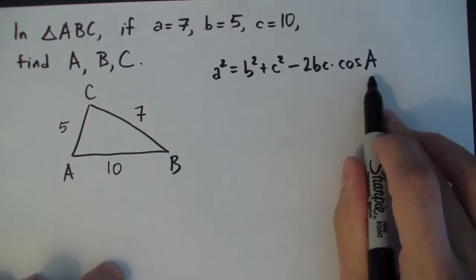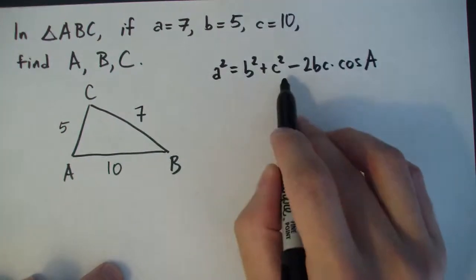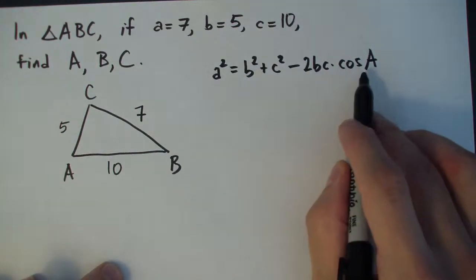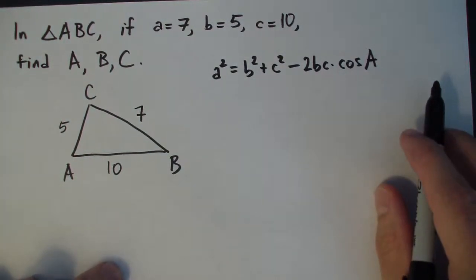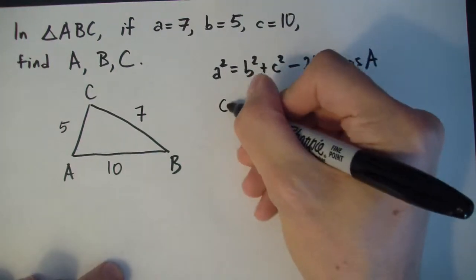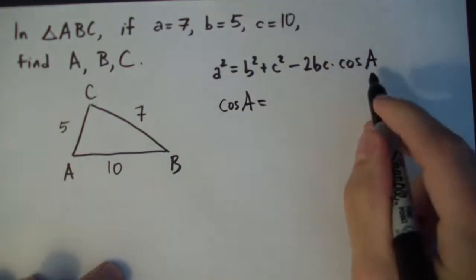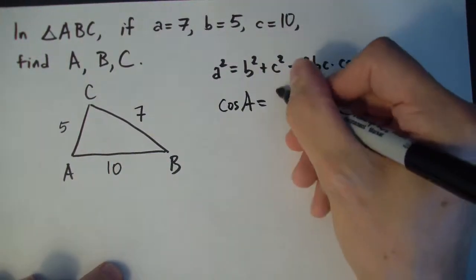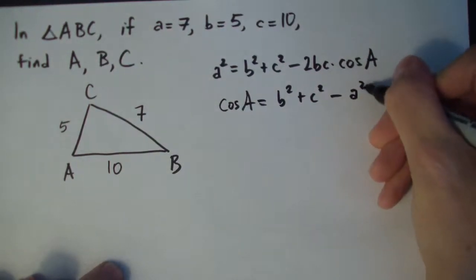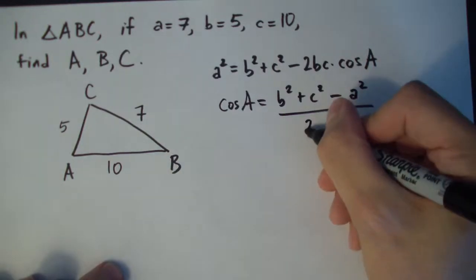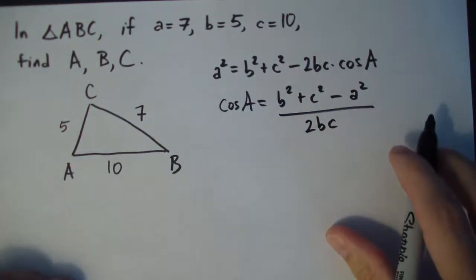So that involves our angle A, and we know sides A, B, and C, so we can rearrange this and solve for cos of A, and then we can take the inverse cosine to find angle A. So solving, we get that cosine of A is equal to b squared plus c squared minus a squared all over 2bc.